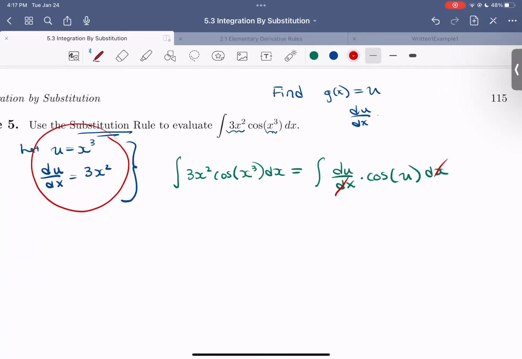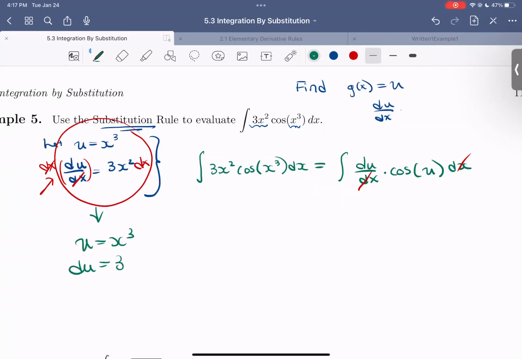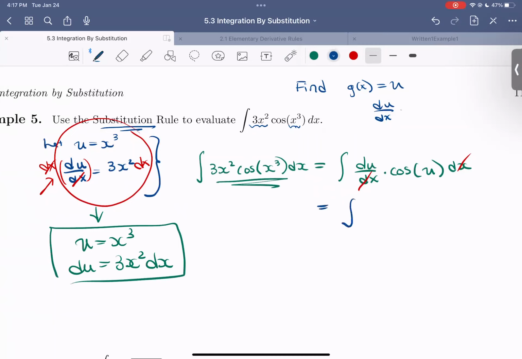So I just have an integral with respect to u. One thing in some videos you might see on YouTube or some other methods is that at this stage, people will multiply both sides by dx right away, just so that in our substitution, we only have a u and a du that we're substituting, so that we can take care right away to remove any dx's. So we can go straight from here to the integral of cosine u du.